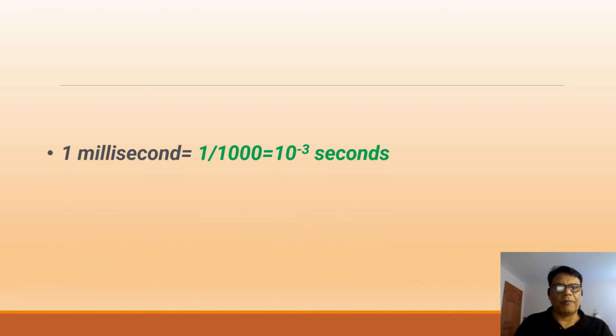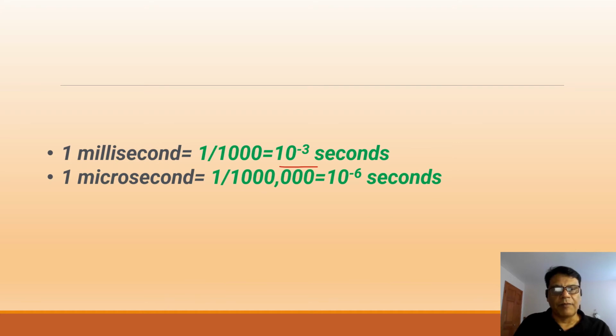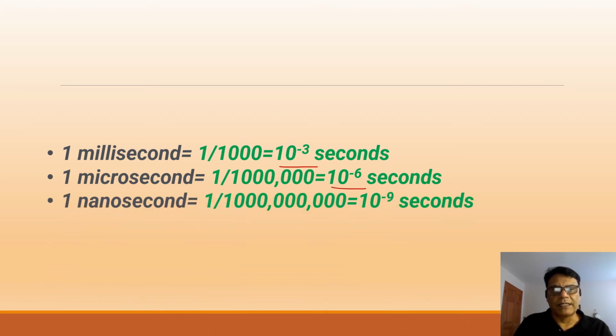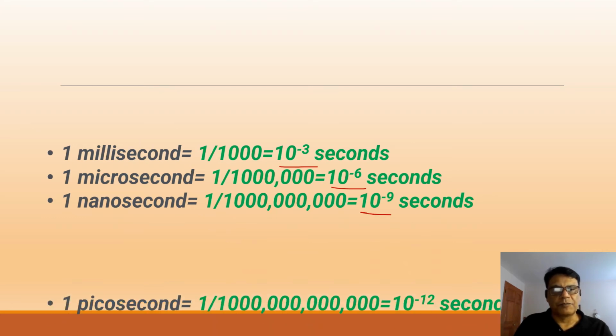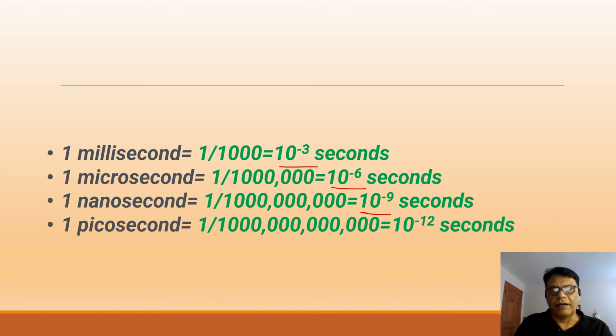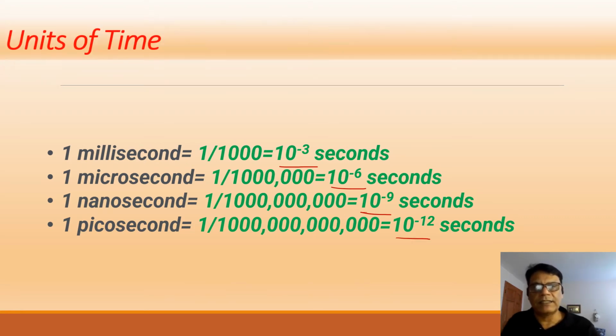So we have already discussed millisecond. 1 millisecond is equal to 10 raised to power minus 3. 1 microsecond is equal to 10 raised to power minus 6, 1 nanosecond is 10 raised to power minus 9, and 1 picosecond is 10 raised to power minus 12. These are units of time, and we have already discussed those units.